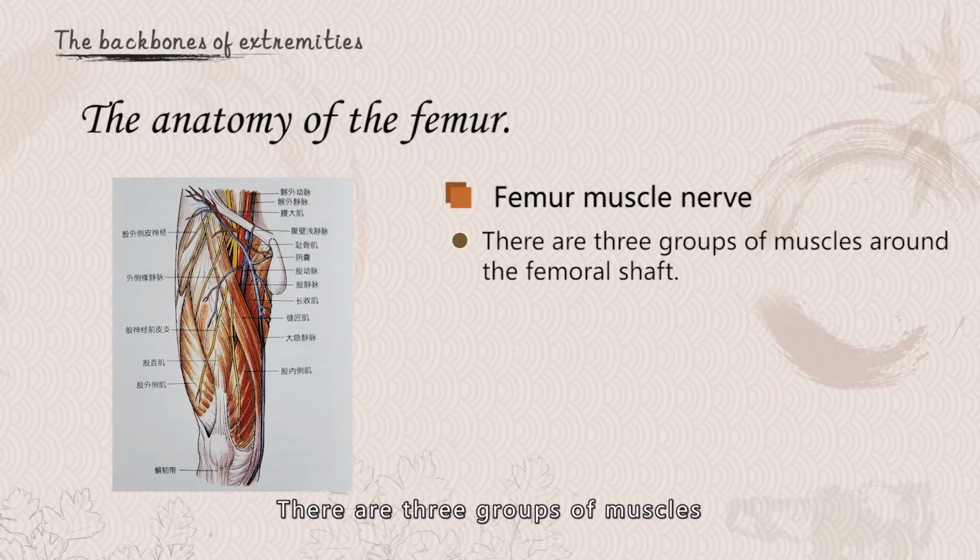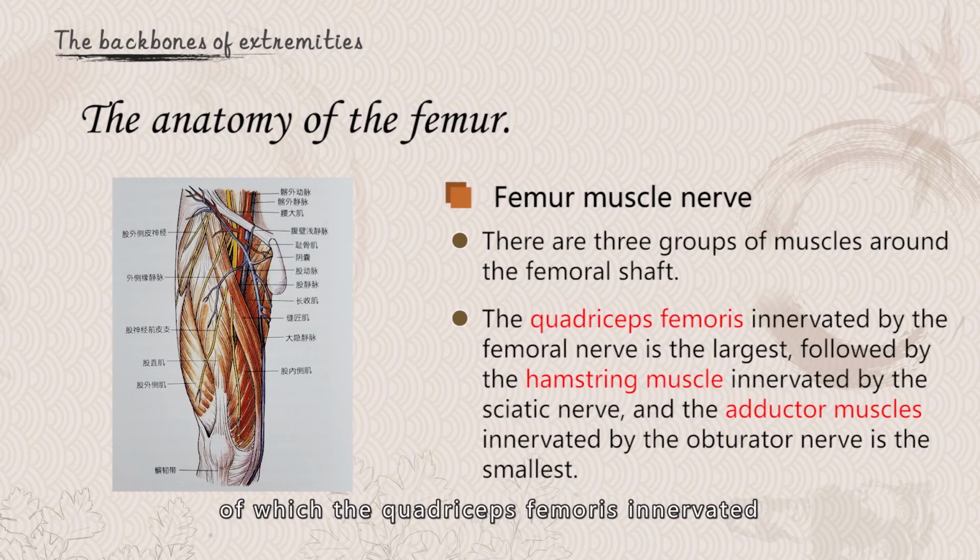There are three groups of muscles around the femoral shaft, of which the quadriceps femoris, innervated by the femoral nerve, is the largest, followed by the hamstring muscles, innervated by the sciatic nerve, and the adductor muscles, innervated by the obturator nerve, which are the smallest.